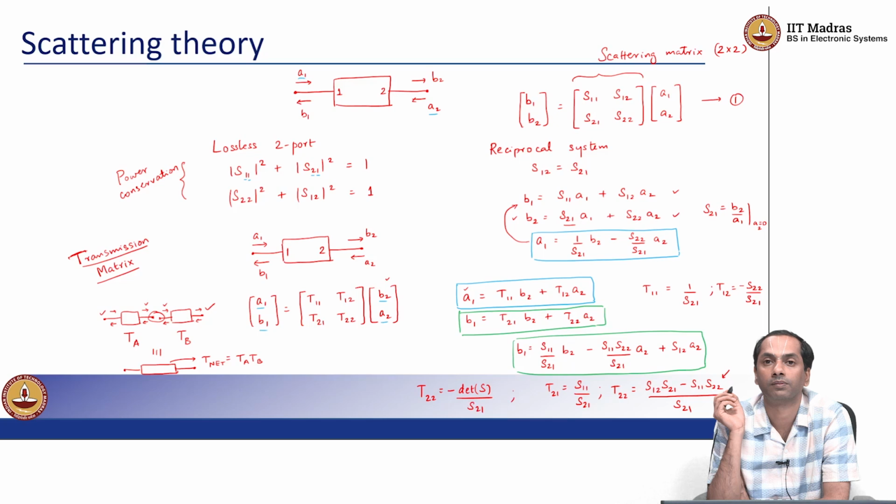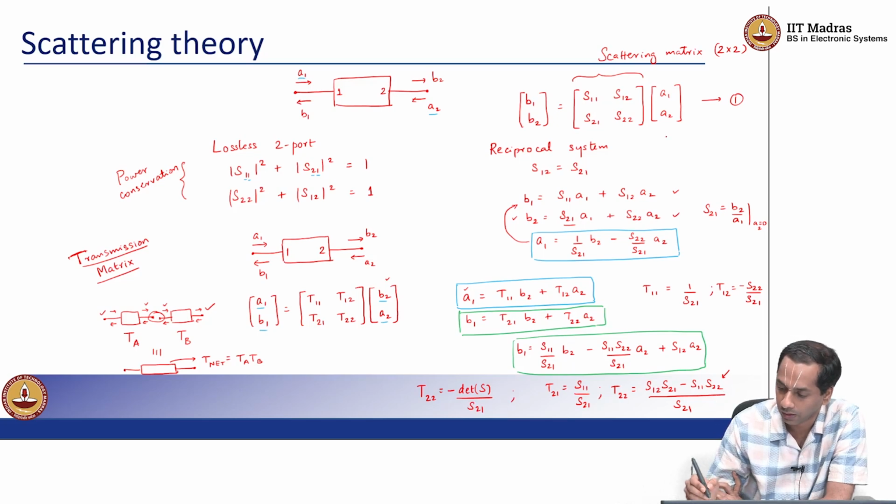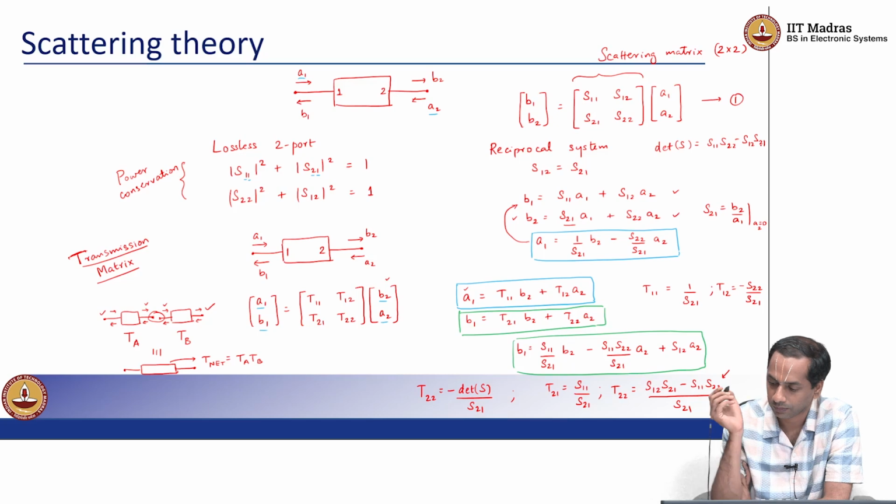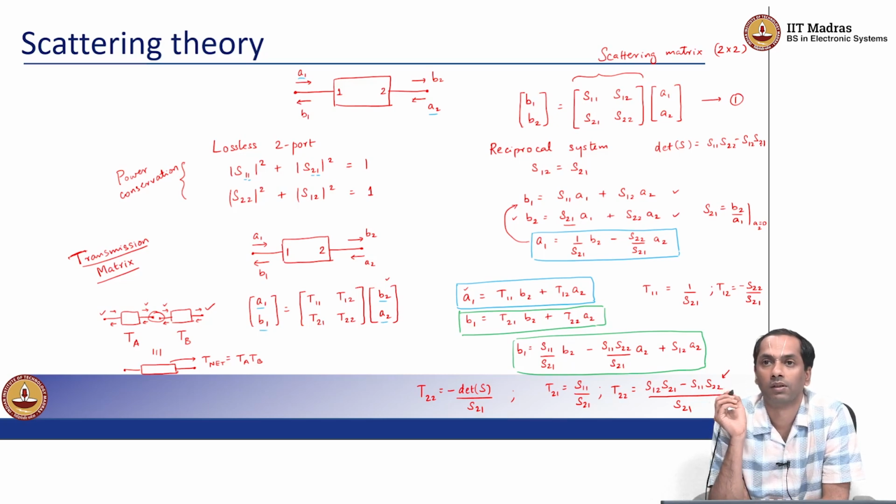The determinant of S is essentially S11 S22 minus S12 S21. So I take the main diagonal elements, multiply them, take the off-diagonal elements, multiply them, and take the difference of the two.